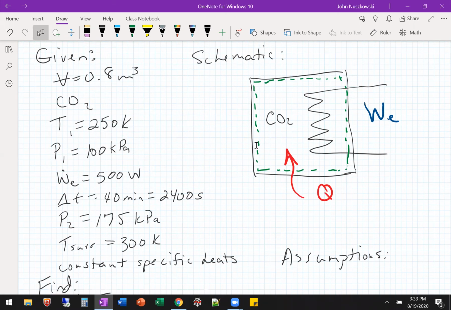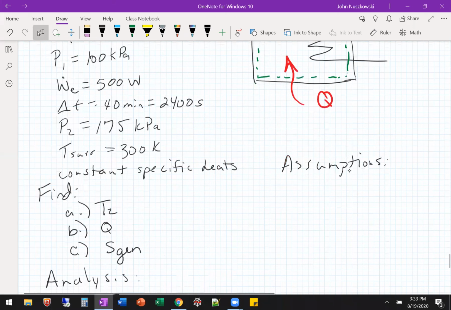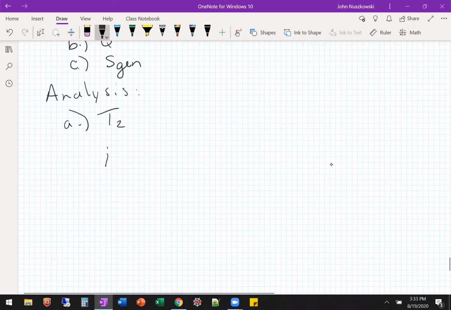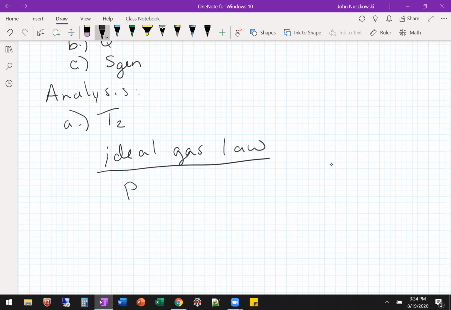First off, figuring out what our substance is and how to get those properties. We have ideal gas, so if we assume ideal gas, we have the ideal gas law, PV equals mRT.